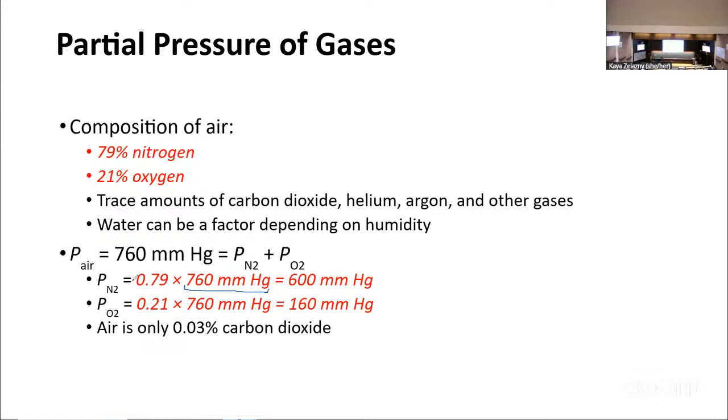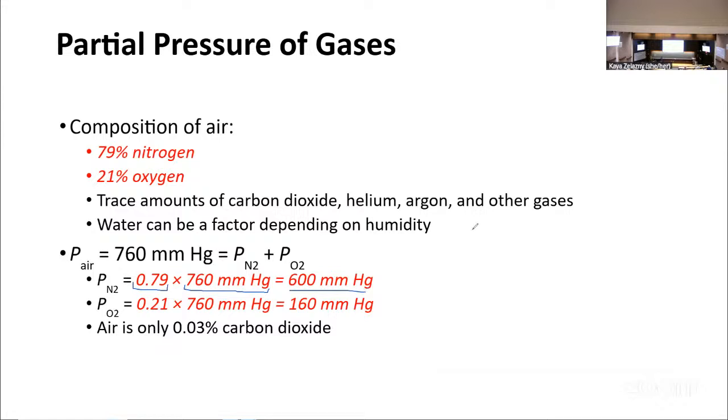For our partial pressure of nitrogen, we've got 79% nitrogen, so we turn this into a fraction. Our typical atmospheric pressure is 760 millimeters of mercury. This time we're not going to make that a relative pressure because we're not comparing pressures, so we leave it at 760. We multiply across, getting a partial pressure of nitrogen in the atmosphere of about 600.